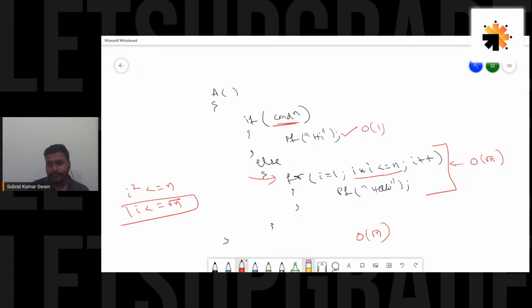Fine. Difference between space and time complexity. How much space will your algorithm take? How much time will your algorithm take? If you're storing an array, that is given, so we will not consider it. To do the operation, what extra space are you taking? That is space complexity. Let's say reversing a string.